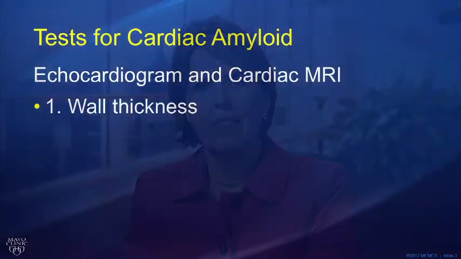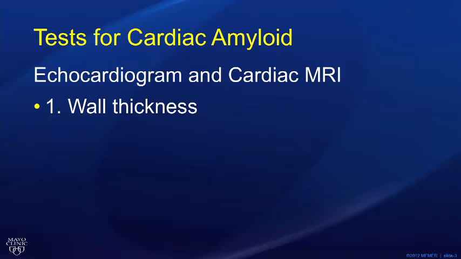When the heart is infiltrated with amyloid, the walls of the heart, particularly the lower chambers, become thicker. When we see that the heart walls are increased and there's not any other explanation, a person doesn't have uncontrolled high blood pressure or other conditions, then that's actually one of the clues that a person might have amyloidosis.